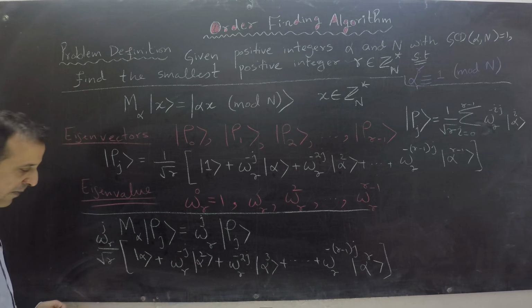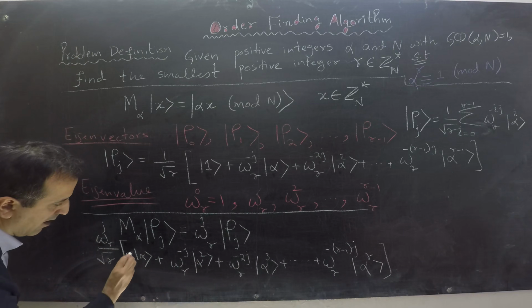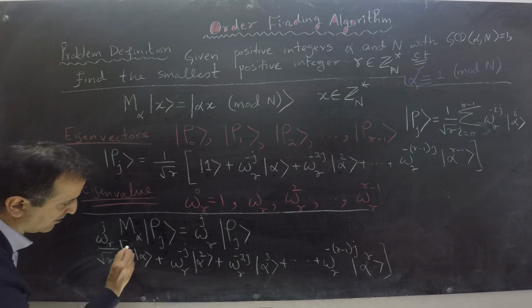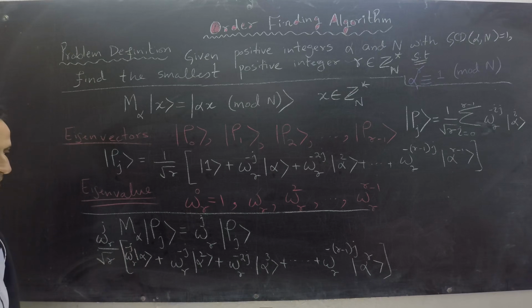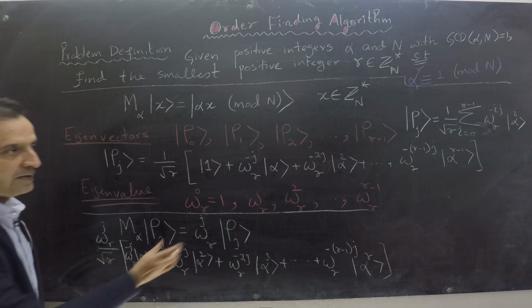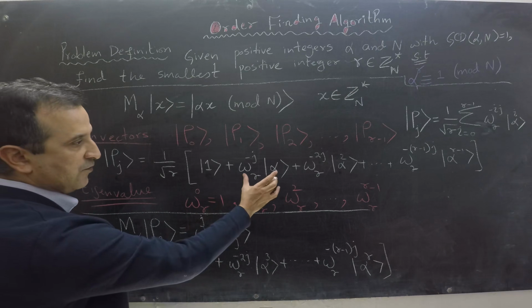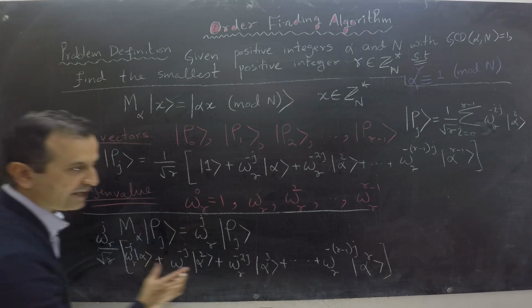So this will be multiplied by omega r raised to power minus j, and this is the correct entry of rho j. So I am now retrieving rho j inside.